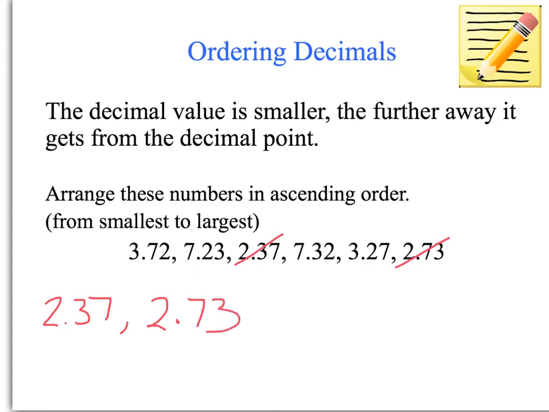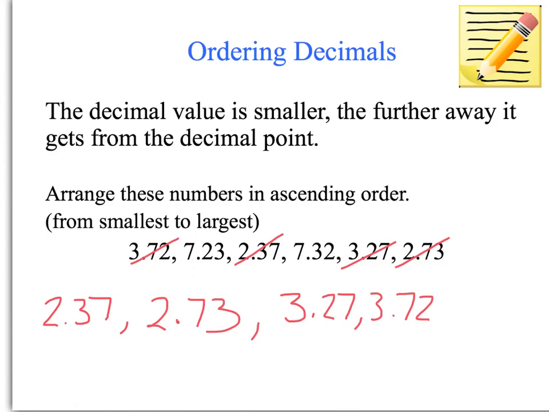Now we look at the next whole numbers, which is the 3's. 3.72 and 3.27, well obviously 2 is smaller, so it's 3.27 and then 3.72. And cross them out. Then we're left with the 7.23 and 7.32.